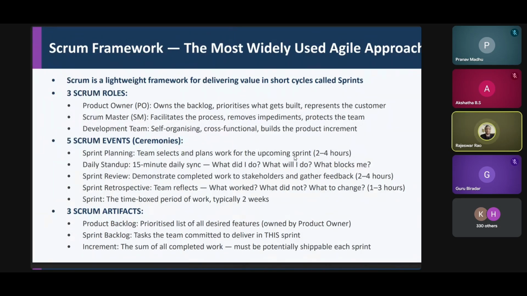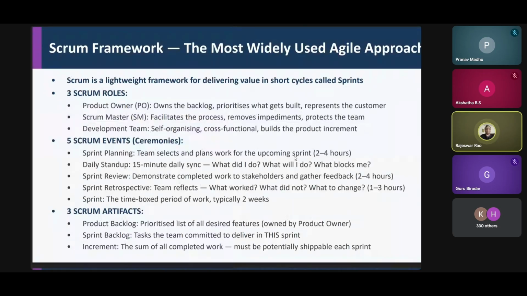You can't say that, at the end of the sprint, I only did a bit of documentation. No, the sprint should have a piece of code or a piece of software which they can start using and deploying in the business. I think that is something which you need to ensure and define your sprint accordingly.